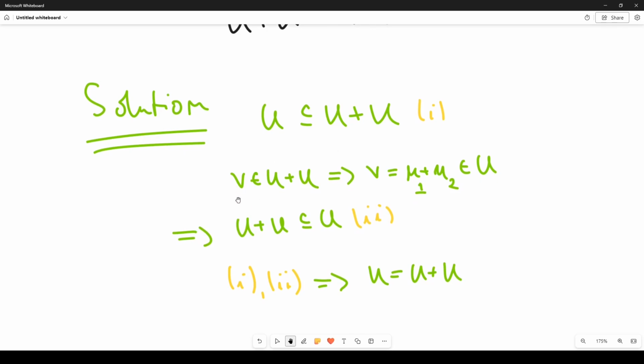And now we just take an arbitrary element from the sum U plus U. By definition, that means that v is equal to some sum of elements u1 and u2.